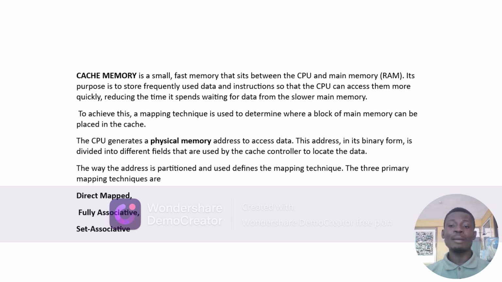It's a random mapping. They can be mapped to any place or any line inside the cache memory. That's the fully associative mapping.